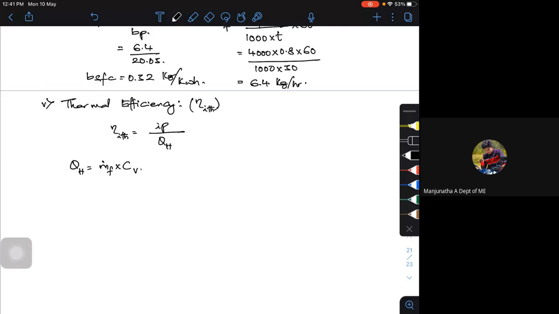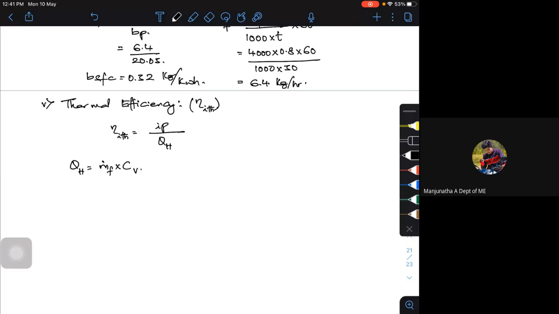See here, indicated power is in kilowatts. So mass of fuel is 6.4 kg per hour. I have to convert it into kg per second, then multiply by calorific value. Then only the units will balance. The numerator will be in kilowatts, and the denominator also will be in kilowatts. So that's why I have to check the units.